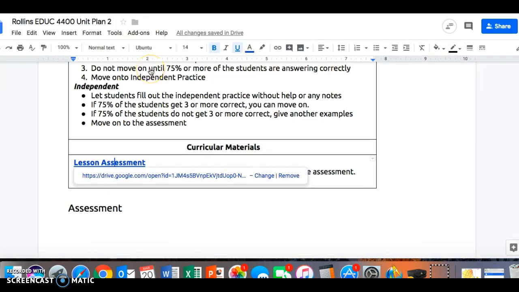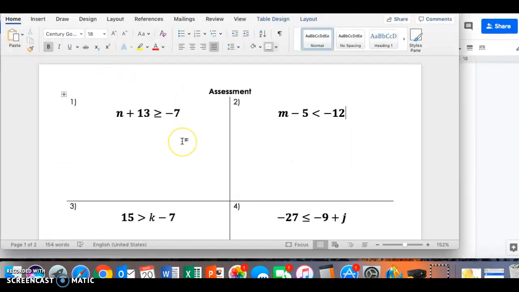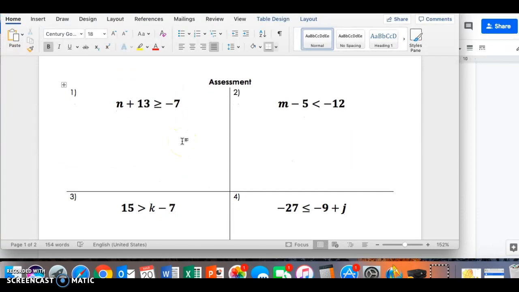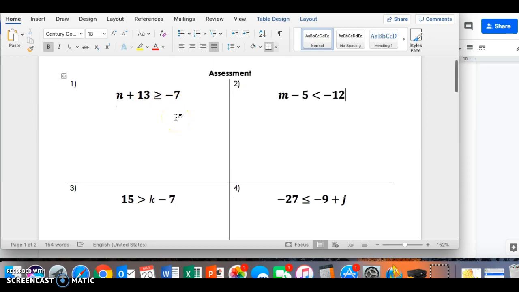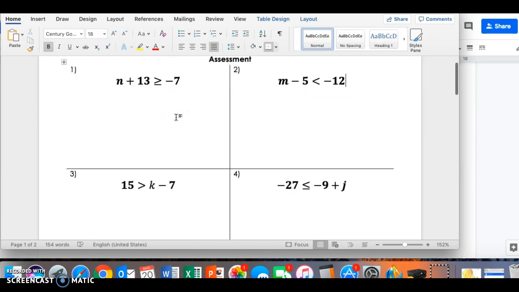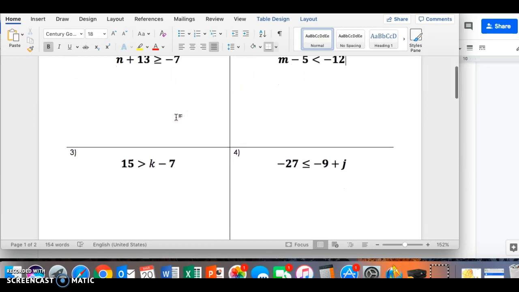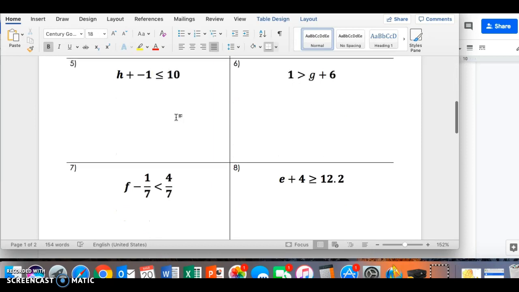And then for my assessment, I use this on a Word document. That way I could use, it just worked better. And so this is about 8 problems, just basically doing what they have been doing.